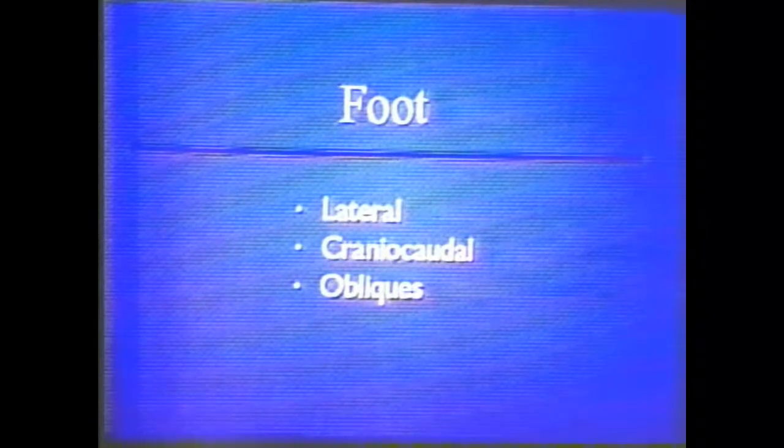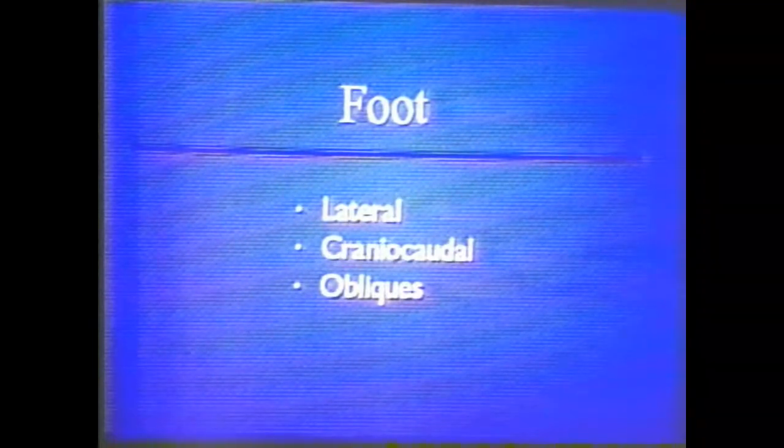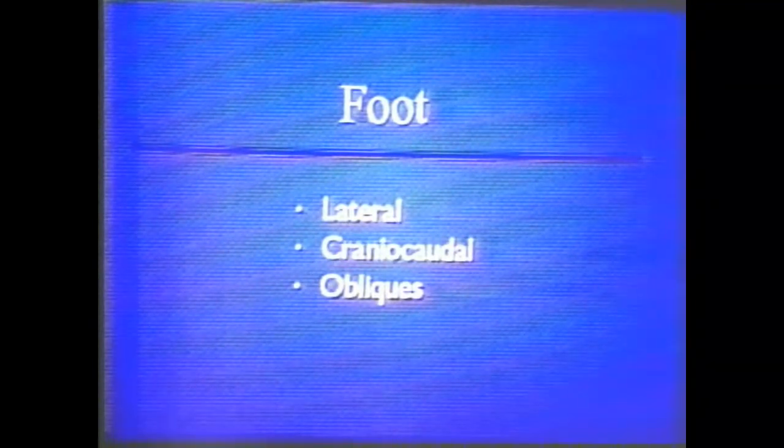Three views of the foot are usually taken: the lateral, the craniocaudal view, and one or more obliques. The oblique views allow separation of the toes so that a greater visualization of the surfaces of the digits can be made.